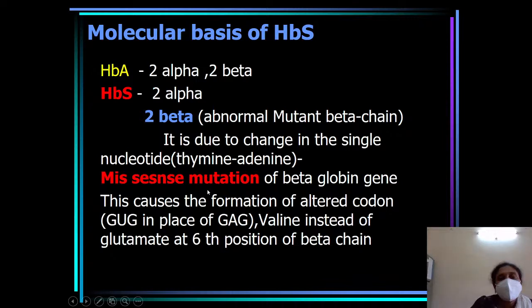Because of a missense mutation, where one single nucleotide has been replaced, this is called a missense mutation of the beta globin gene. This causes the formation of an altered codon, GUG in place of GAG. So valine instead of glutamate at the sixth position of the beta chain.